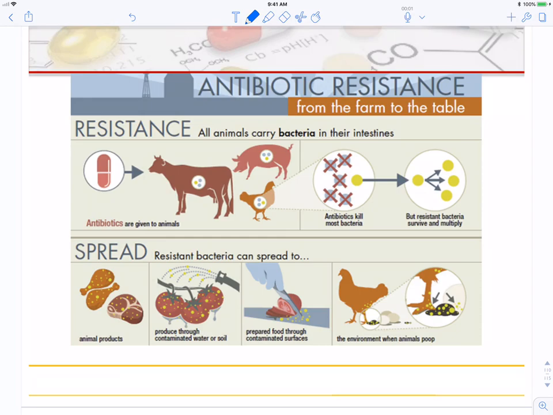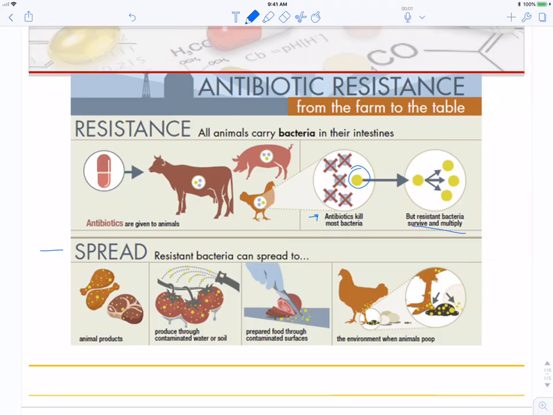But just like the unnecessary use of antibiotics in patients facilitates the emergence of resistance, here we have typically very low doses of antibiotics, and those actually allow the selection of bacteria that are resistant to antibiotic, which then survive and multiply.